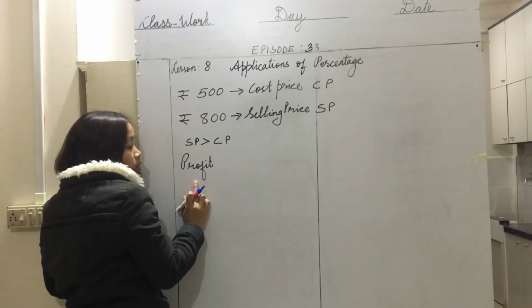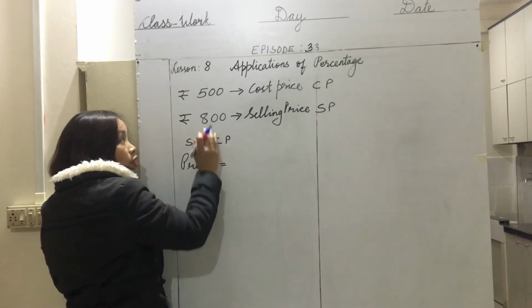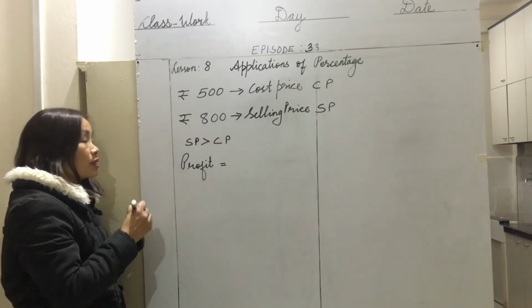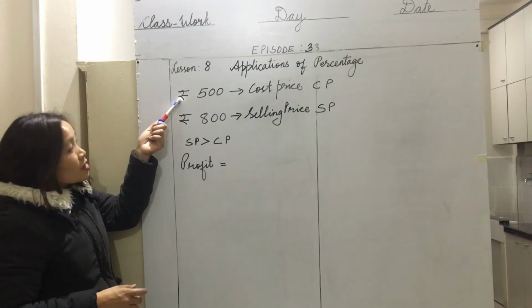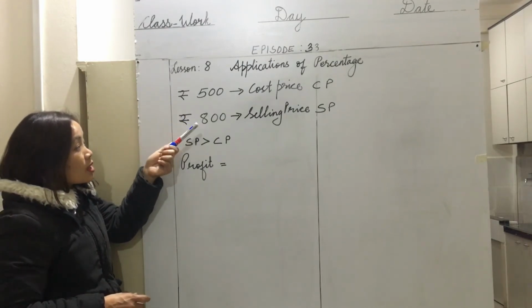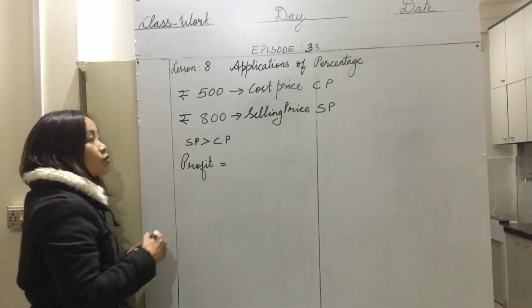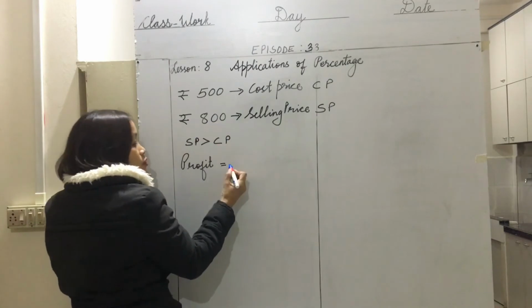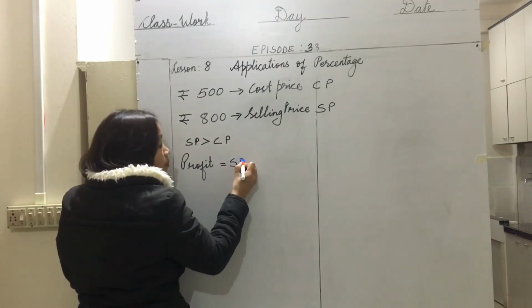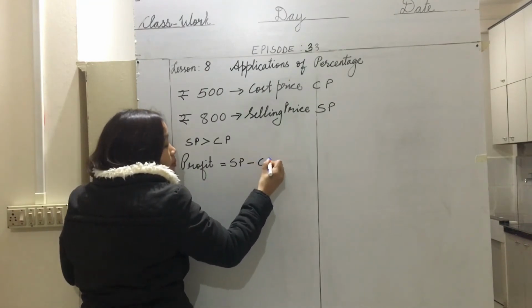Therefore, in order to calculate the profit, here also how much is the profit in this transaction? While he spent 500 and sold it for 800 rupees, how would we find out the profit? Since the selling price is bigger, the profit will be selling price SP minus CP, right?